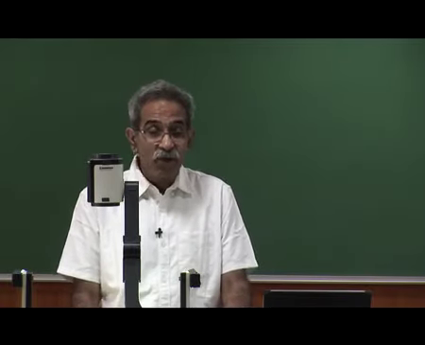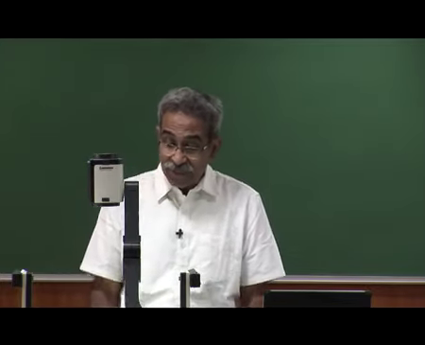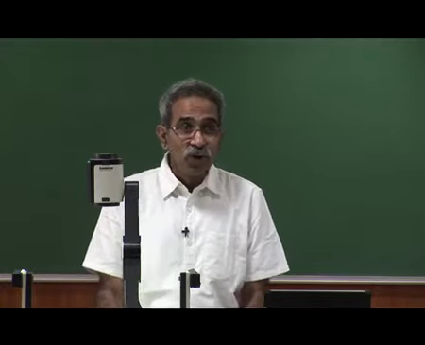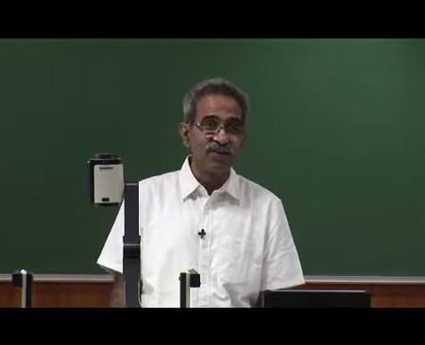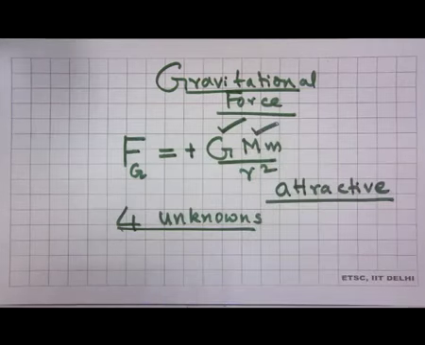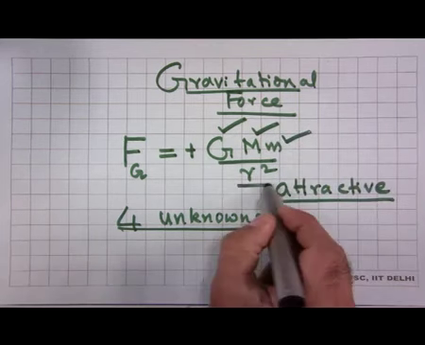But now the big question for us is that when you are introducing the concept of gravitation, we have to ask ourselves, how do I determine the so-called universal constant, the gravitational constant, Newton's gravitational constant? How do I measure the mass m, and how do I measure this distance?